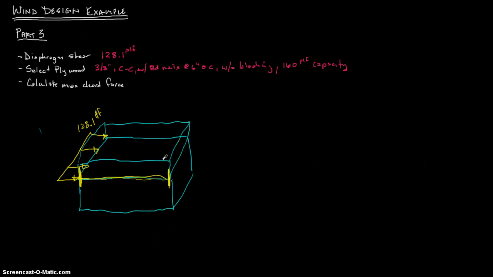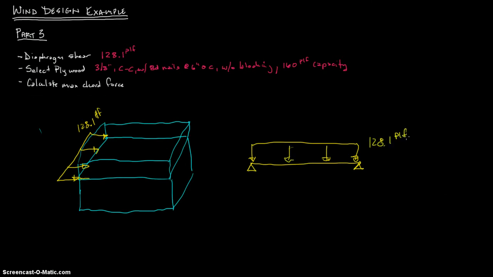Now we take this, rotate it, and flip it, and make it look like a simply supported span, where 128.1 PLF is your uniform distributed load.